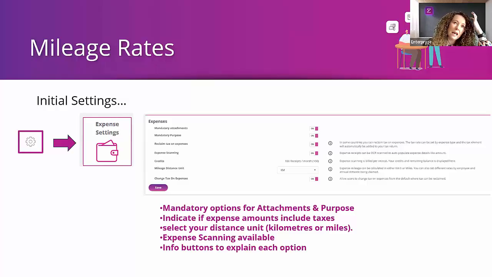So if you have allocated a tax rate to, in particular, the expense types like meals and travel, etc. Do you want to allow your expense users then to change the tax on the expenses from the default where tax can be reclaimed? Do you want them changing that tax code? So make that decision very, very early on. So all of those are explained there with all the different info buttons, so you can make an informed decision of which of those applies to your organization.